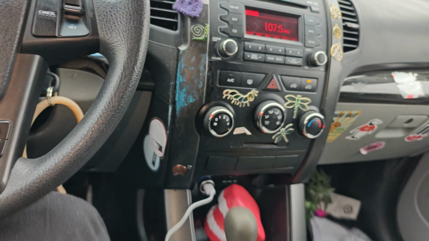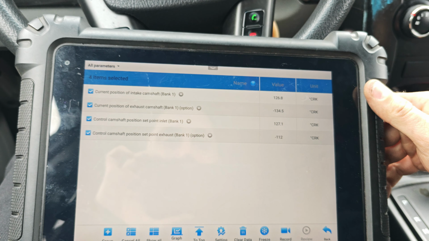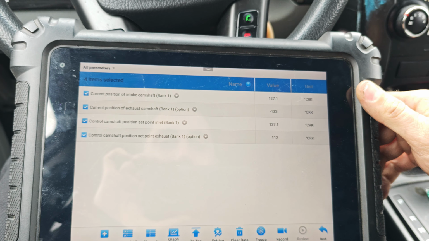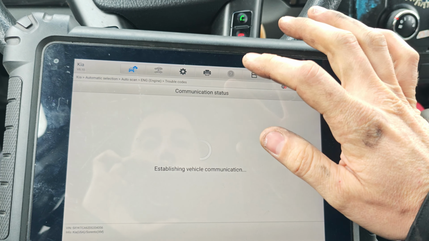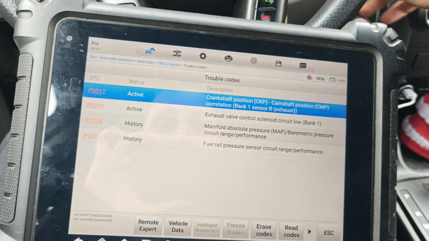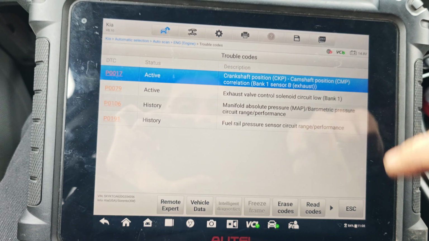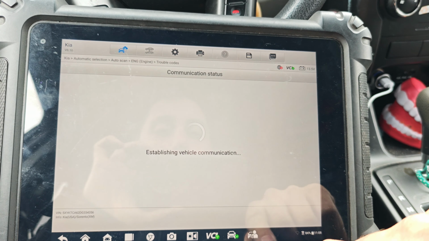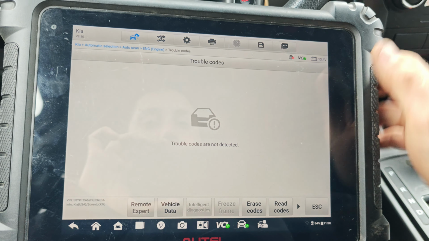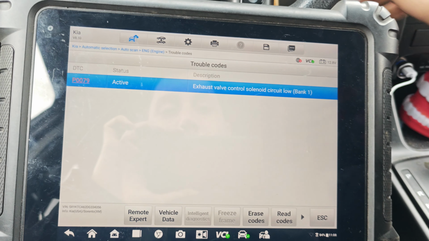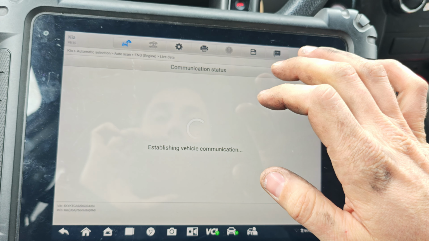Let's clear any codes we have. And our correlation is with our exhaust. Yeah, now I don't want to start. Let's get live data. I wonder if it learned that value from me holding the RPM up.